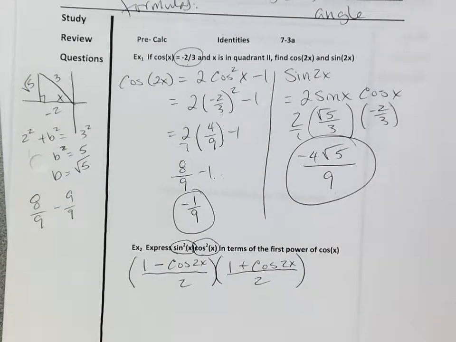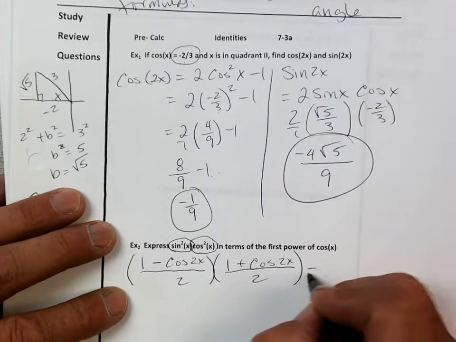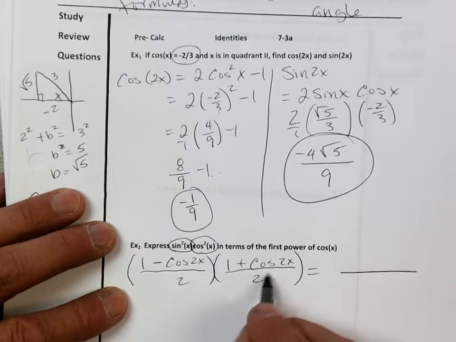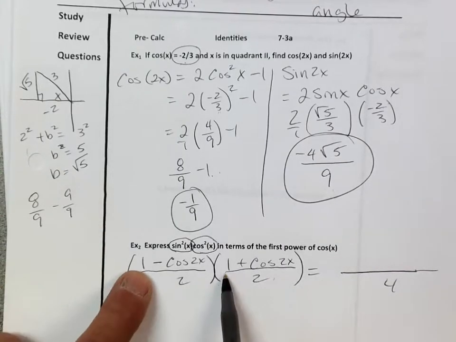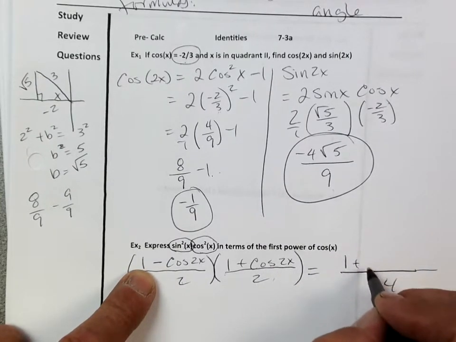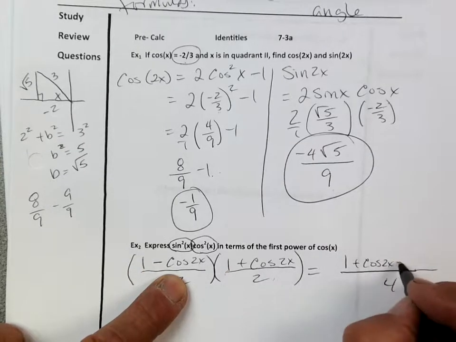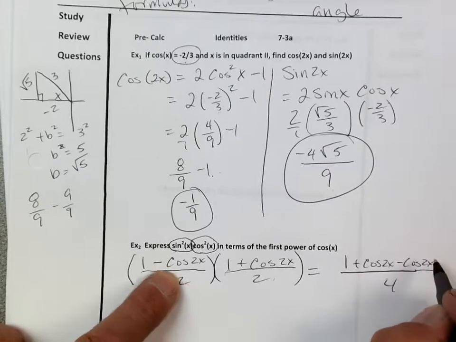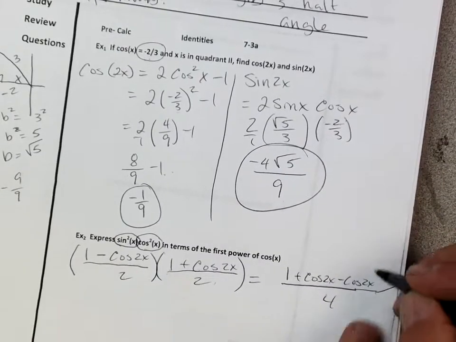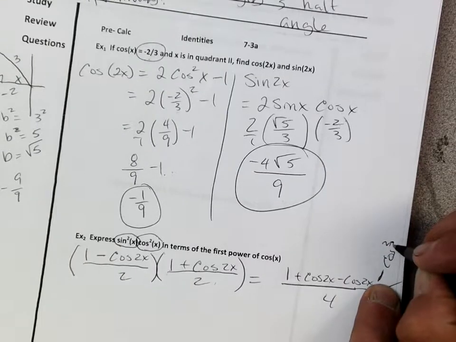All right, now, technically, it isn't a first power yet, because when I FOIL this out, I still don't have a first power. I really don't. But I am going to FOIL it out real quick. So if I do a little bit of FOILage, okay, 2 times 2, that's the easy one. 2 times 2 is 4. But on top, I'll have a 1. I'll have a positive cosine of 2x, and then I'll have a minus cosine of 2x, and then I'll have a minus cosine squared of 2x.